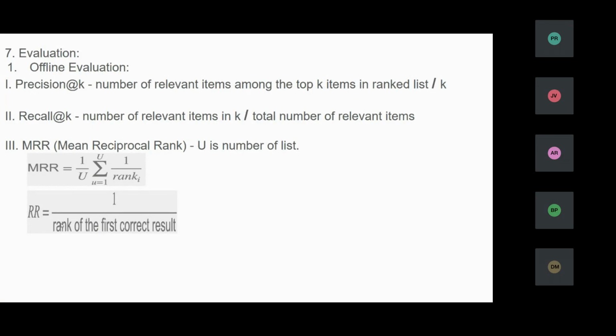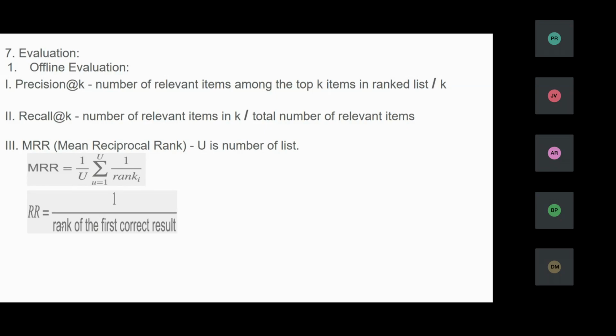Let's say there are two models, A and B. If A ranks a relevant video at the 15th position and B ranks the relevant video at the 50th position, but we decided the value of k to be equal to 10, then both of them will have a recall value equal to 0, even though model A was predicting the relevant video at the 15th position, which is better than model B, which was giving the relevant output at the 50th position.